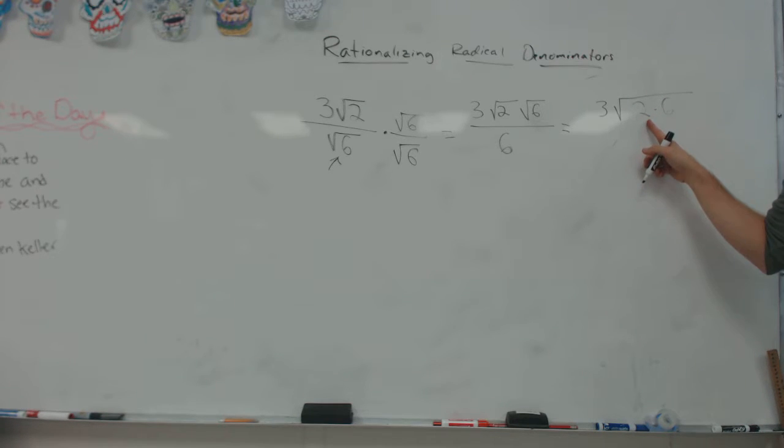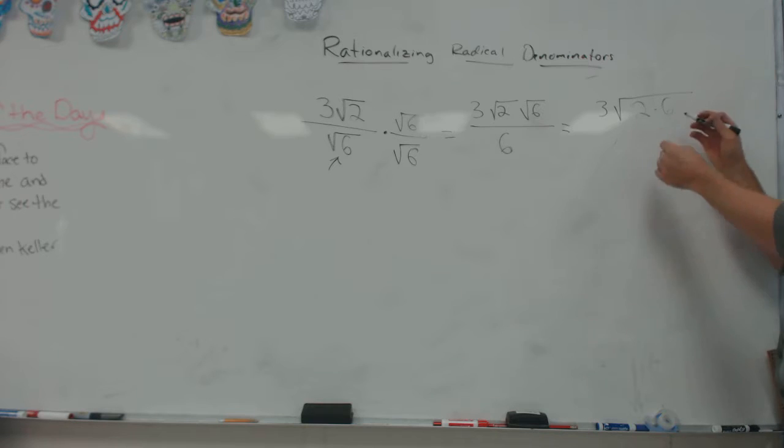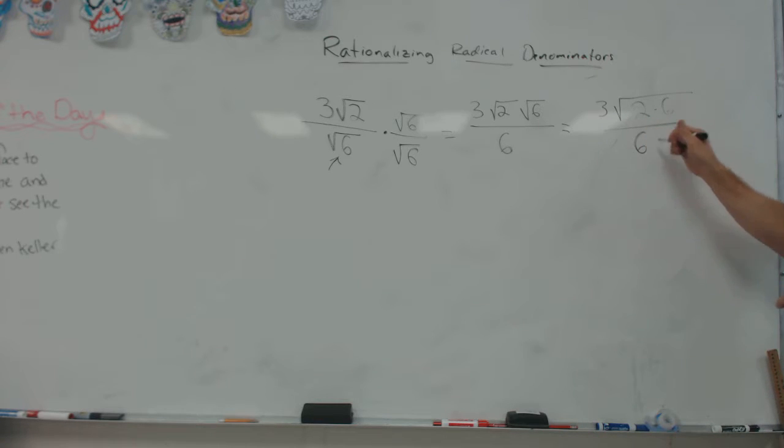So we're kind of using that rule that you've used to break up radicals in reverse. We're putting these together now. Would it just be 12 though? Yeah, so this is 3 square roots of 12 over 6. But wait a second. The square root of 12 can be simplified.